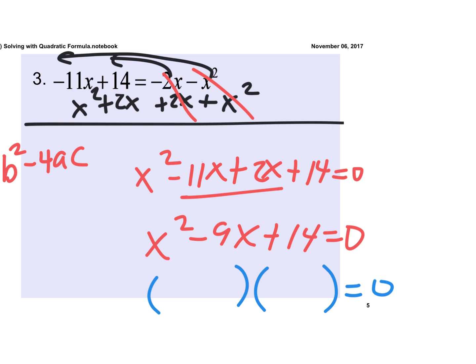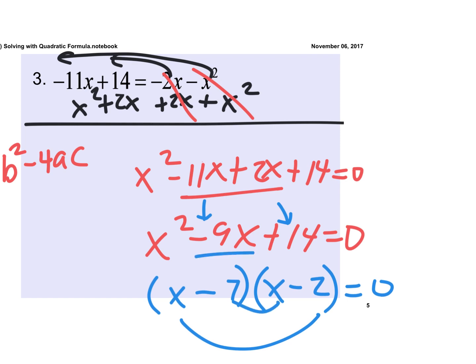And if you can factor it, you should. x and x, and this one's positive and this one's negative, means it has to be 2 negatives, and then it's a 7 and a 2, and I check it, and it actually works. Negative 7 and negative 2 makes negative 9. Sweet. The answers are 2 and 7. And I could see some kids saying, but I got 2 and 7 with the quadratic formula. That's fine. This is just faster.